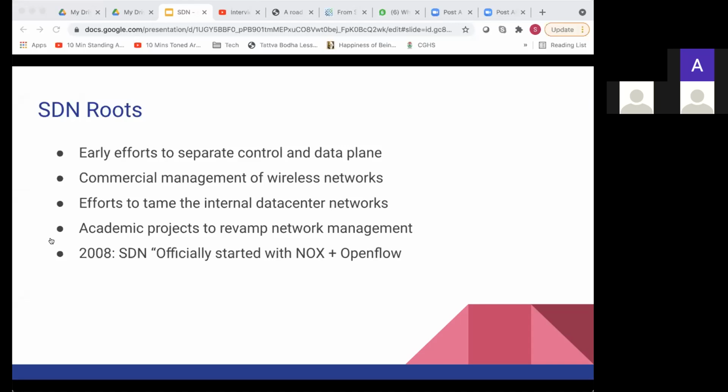There were some early efforts on that, and there were companies like Aruba Networks and Meraki. These networking companies were focused on how to manage a wireless network, right? Simultaneously, companies like HP, Amazon, and Google were all working on how to control the data center networks. So there was some work there.